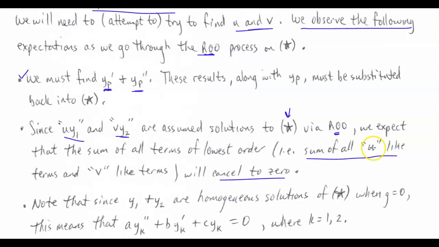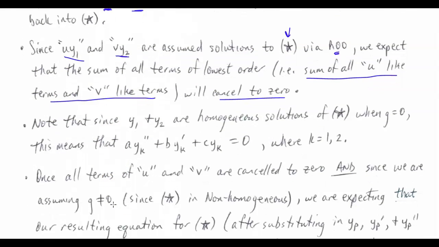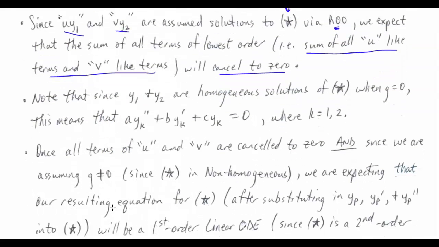All terms with u in them should add up to 0. All terms with v in them should add up to 0. What adds up to 0 is going to look different than what you're traditionally used to seeing, and the next bullet point gives a hint as to what that looks like.